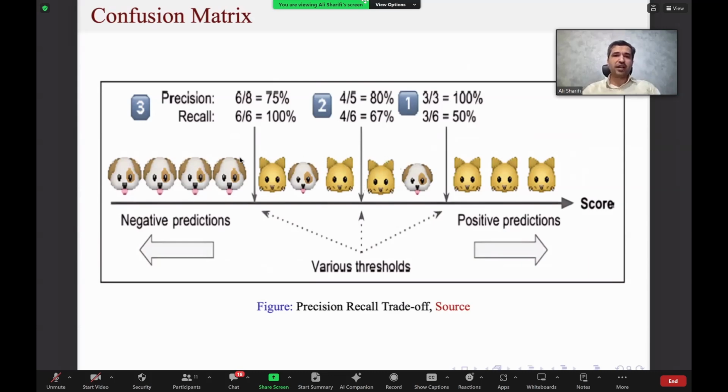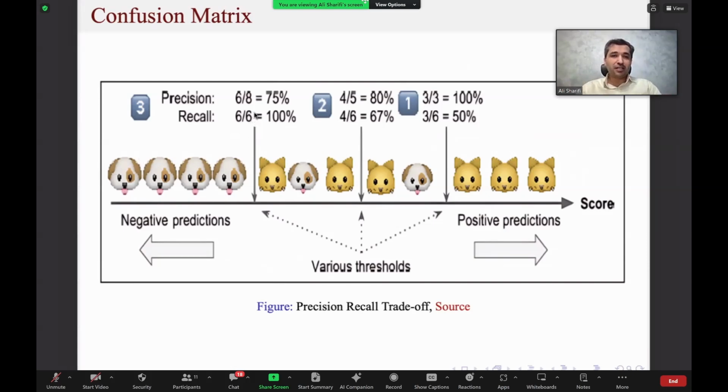So, for example, here there is an algorithm that assigns a cat-ness score to each sample. A higher score means the sample is more likely to be a cat, and a lower score means the sample is more likely to be a dog.